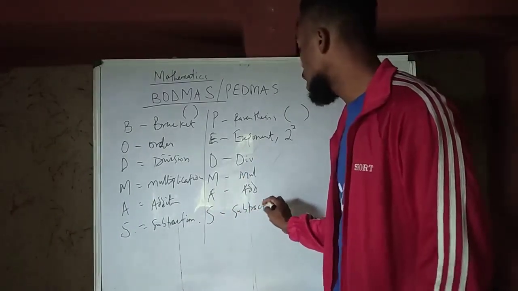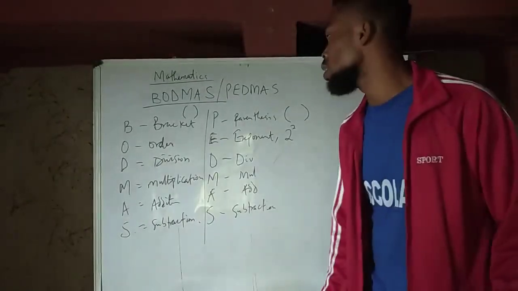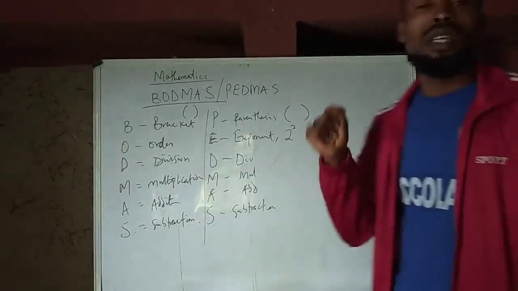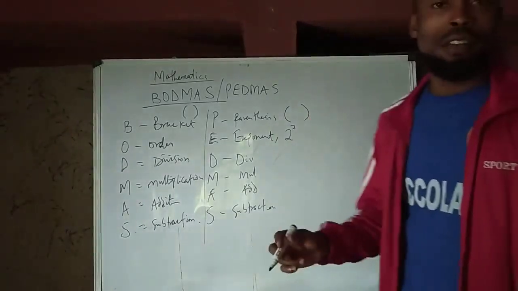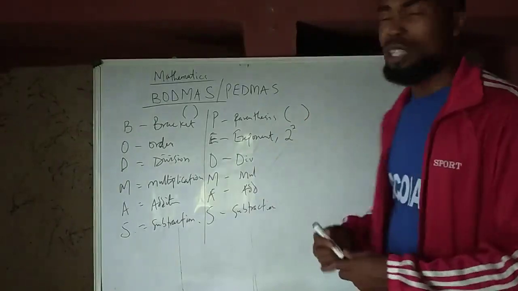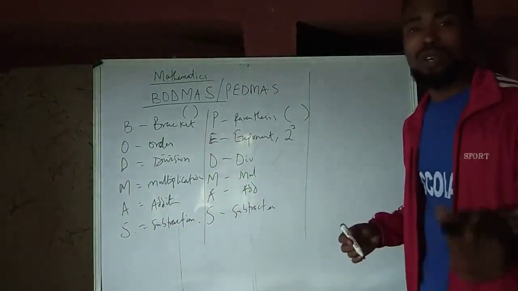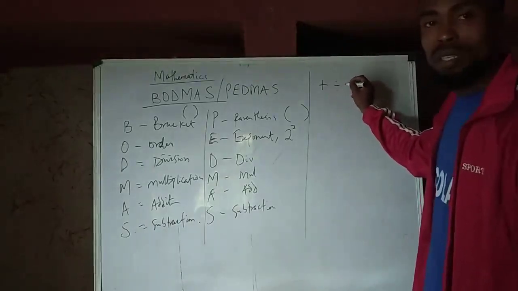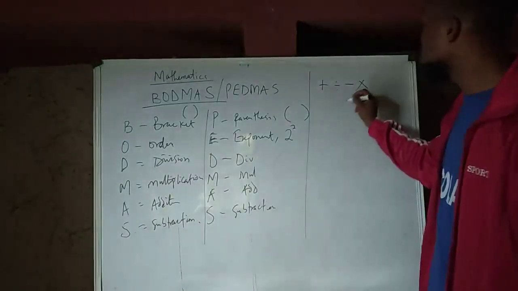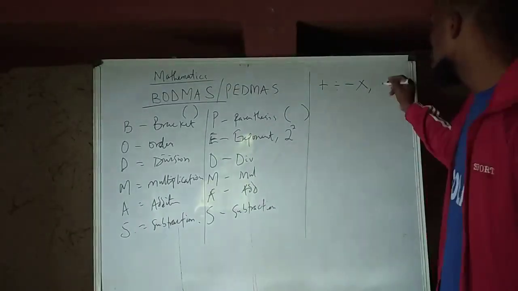Now, what is the importance of this? Why do we talk about BODMAS and PEMDAS, whatever name you choose to call it? The reason is that in mathematics, there are times that we can have a mathematical operation, just like we discussed earlier, such that you are having addition, division, subtraction, and multiplication all combined together, even the exponent.